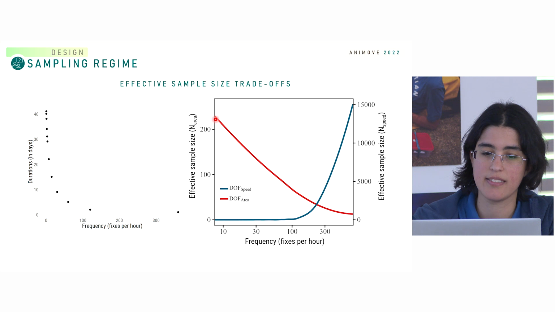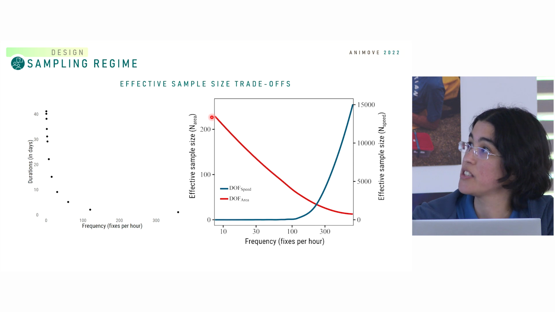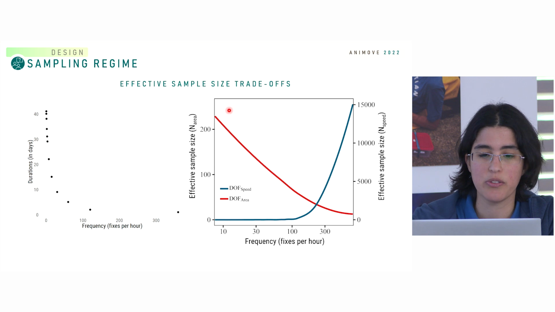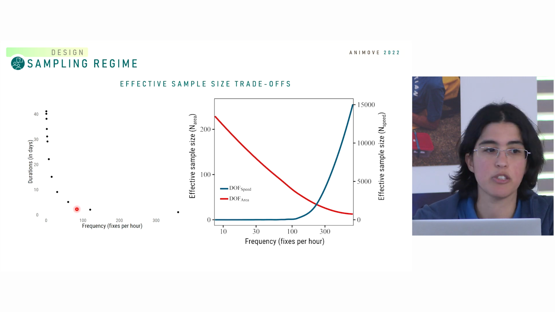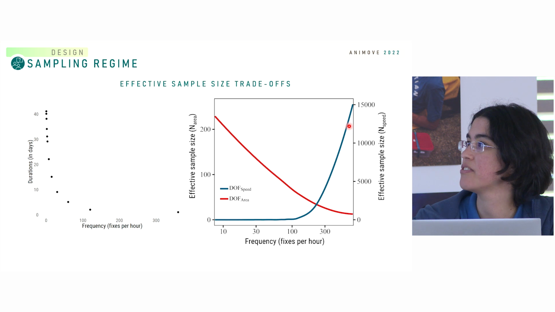We can see that at the beginning we have really nice effective sample sizes for area, and we have longer durations, and as we go through that curve, that decreases until it's almost zero. And then the opposite effect happens with the effective sample size of speed. As it makes sense, we have a coarser resolution over here, so the effective sample size of speed will start at zero, and eventually you have enough fine scale data to resolve speeds, and then you can get it and the effective sample size.